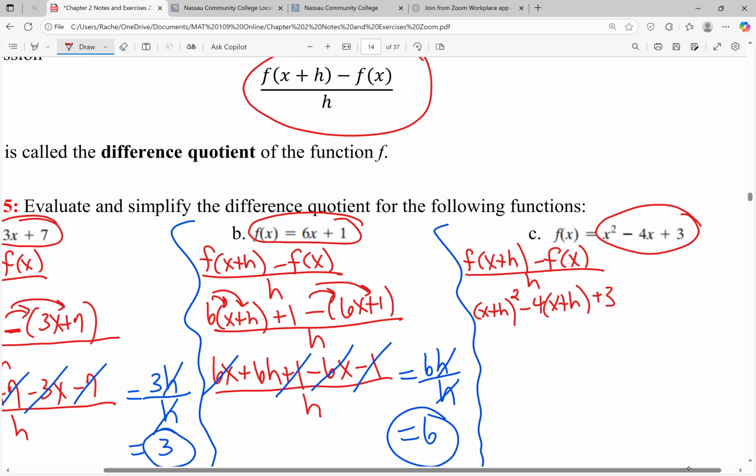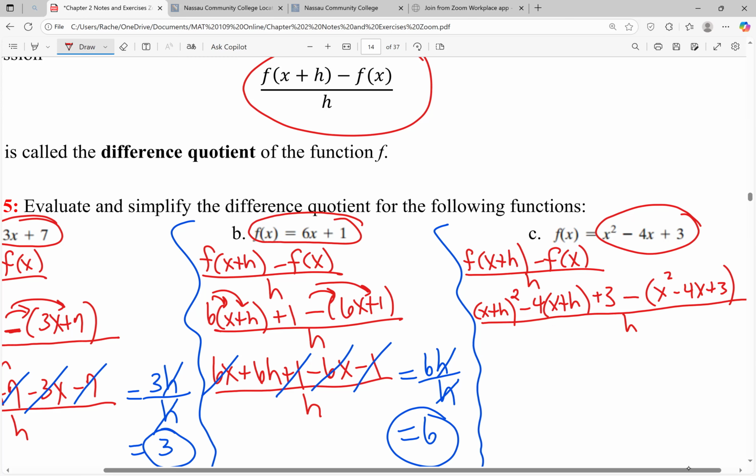Now we have to subtract f of x, which is x squared minus 4x plus 3. And then we divide by h. So now, because it's not a linear function, now we have a quadratic, which involves an x squared term. It's a little bit more work in terms of the algebra.